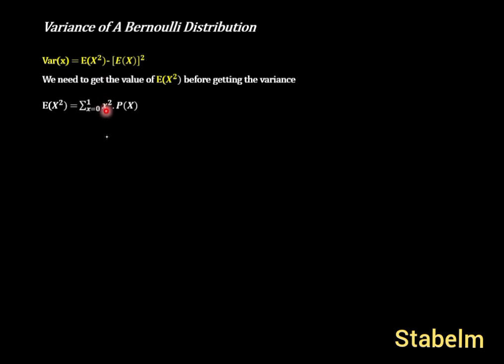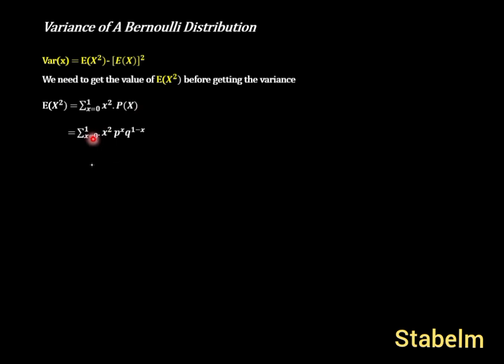So we have the summation, x runs from 0 to 1, of x raised to power 2, p raised to power x, q raised to power 1 minus x, where that is the mass function.